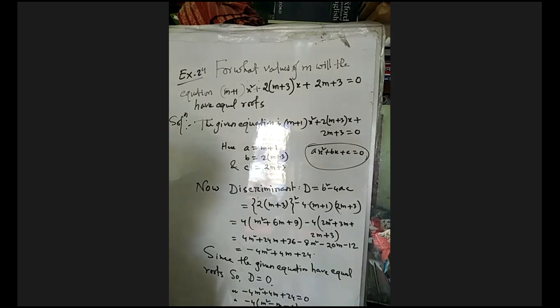Therefore, m minus 3 equals 0, or m plus 2 equals 0. Hence, m equals 3 or m equals minus 2. Okay, this is actually finding the values of m.